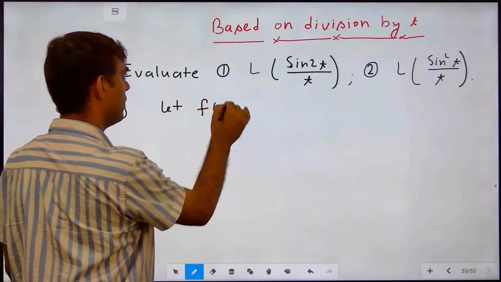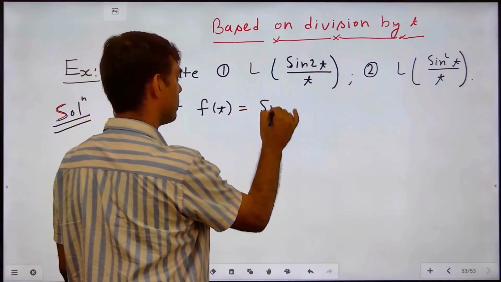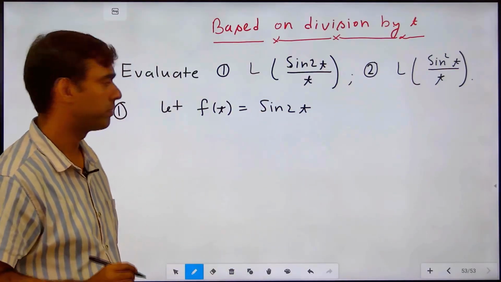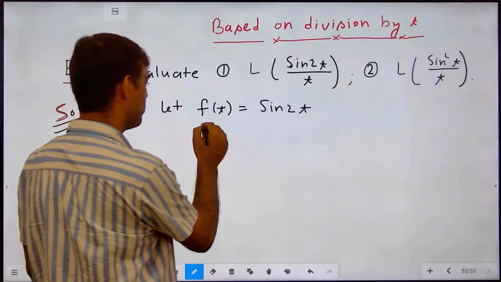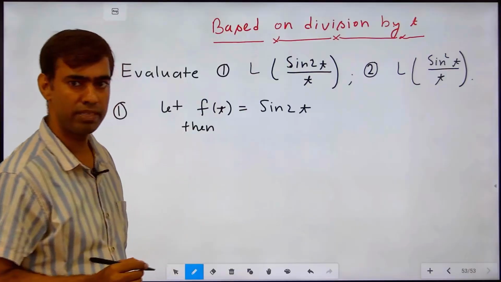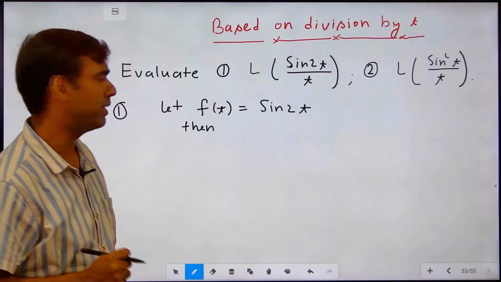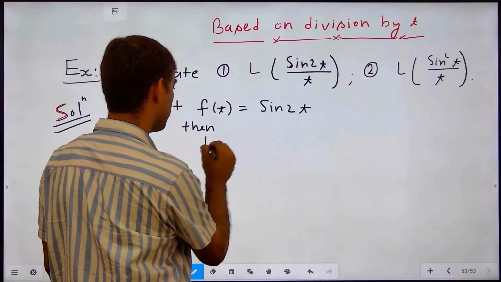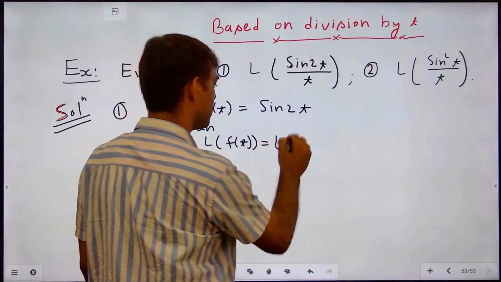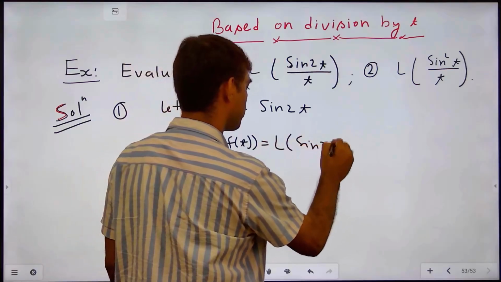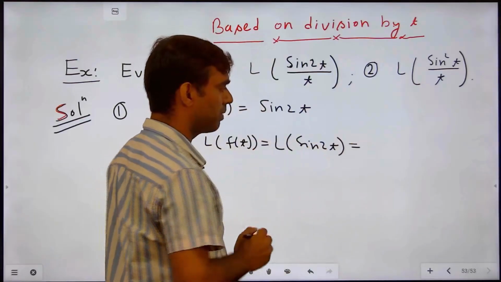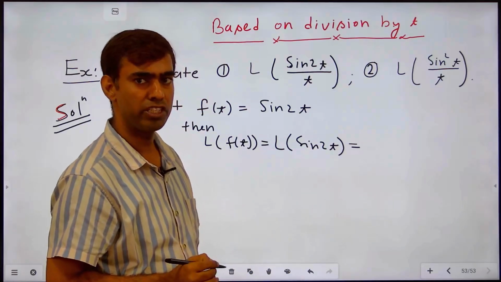f(t) equals sin 2t. So, if f(t) equals sin 2t, then by the Laplace transform for an elementary function, the Laplace transform of f(t) equals the Laplace transform of sin 2t. As we know, the Laplace transform of sin at is a upon s square plus a square.